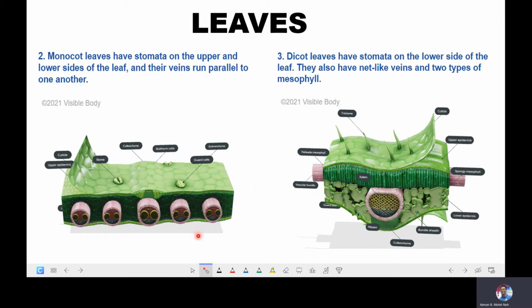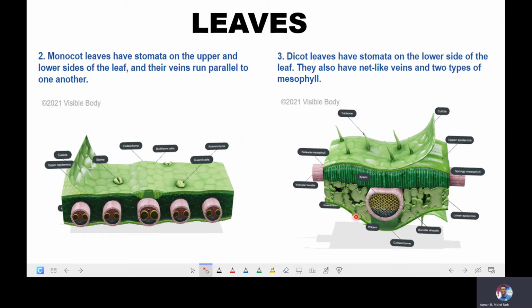On the left hand side, it will show you the leaf of the monocot plant. If we look at the cross section of the monocot leaf, you'll be able to see these vascular bundles that are arranged parallel to each other.